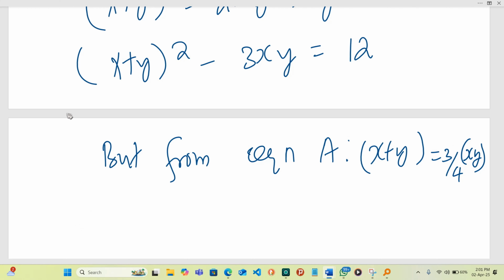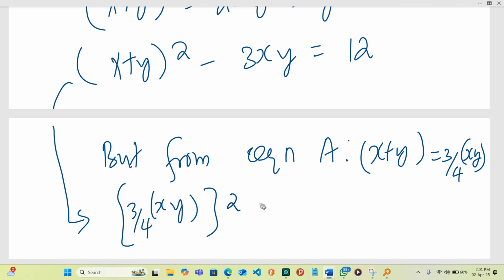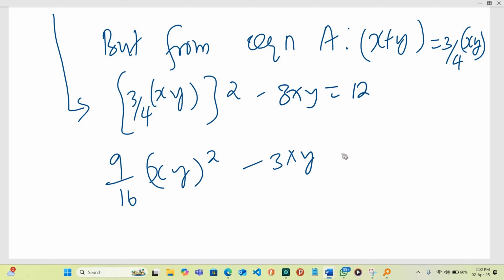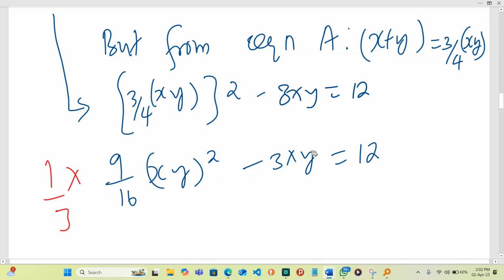So therefore, this equation becomes (3 over 4 xy) squared minus 3xy is equal to 12. So this becomes 9 over 16 (xy) squared minus 3xy equal to 12. I can divide both sides by 3, or multiply by 1 over 3 both sides.